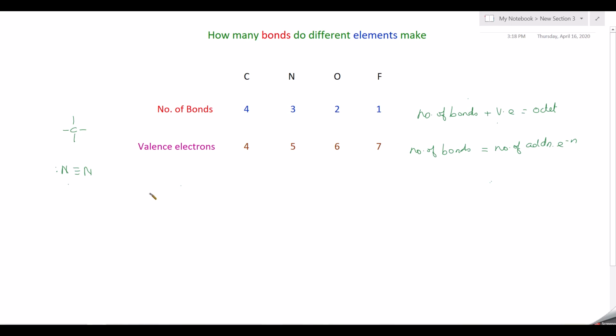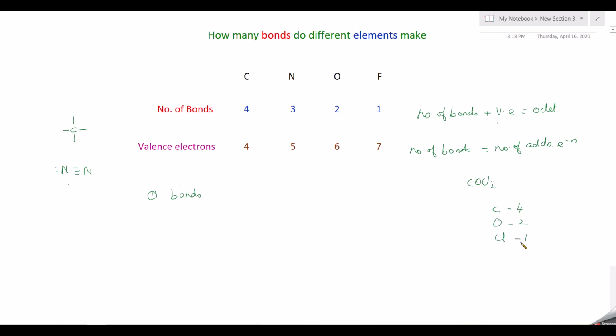The steps we have to follow: one, we have to see the atoms and decide how many bonds each atom will make. For example, you take COCl2. Here the carbon will make 4 bonds, oxygen 2, chlorine 1.